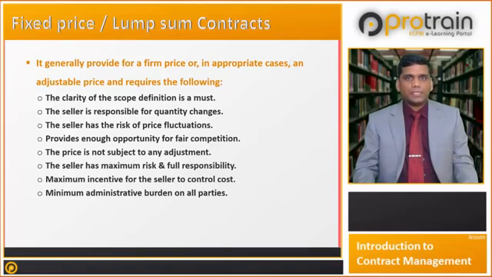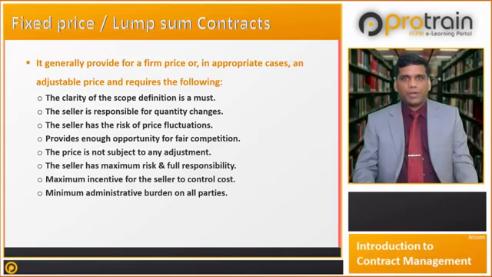The seller has the risk of price fluctuations, and it provides enough opportunity for fair competition. In fixed price contract, price is not subject to any adjustment and the seller has maximum risk and full responsibility. Fixed price contract gives maximum incentive for the seller to control the cost, and it gives minimum administrative burden on all parties, especially to the employer.